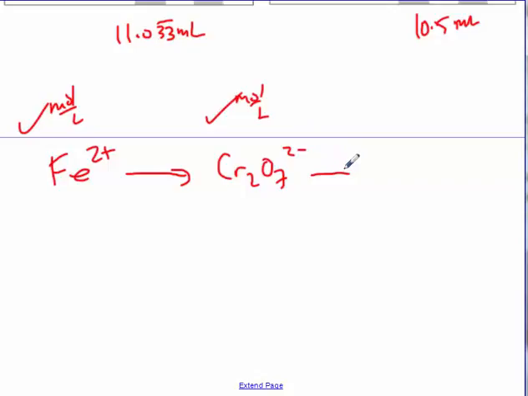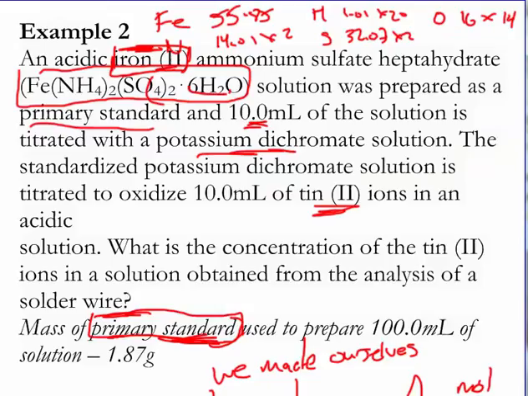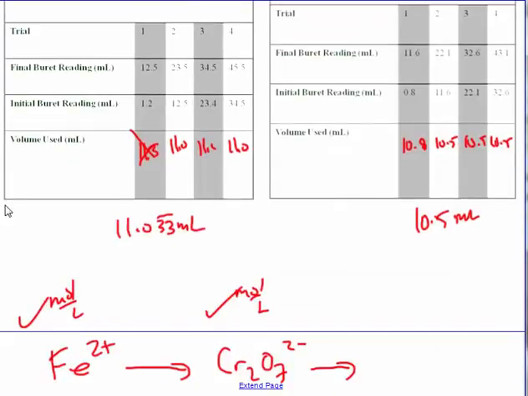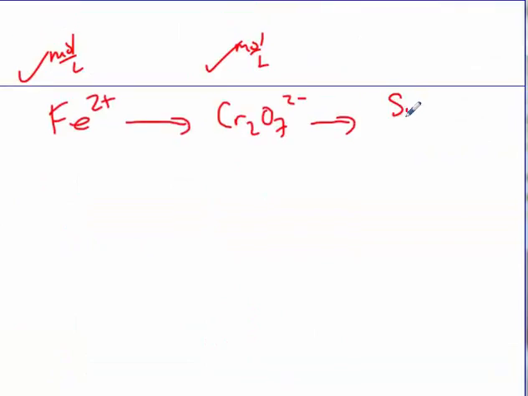And then we're going to use the dichromate to titrate tin 2 so that we can find this guy's concentration.